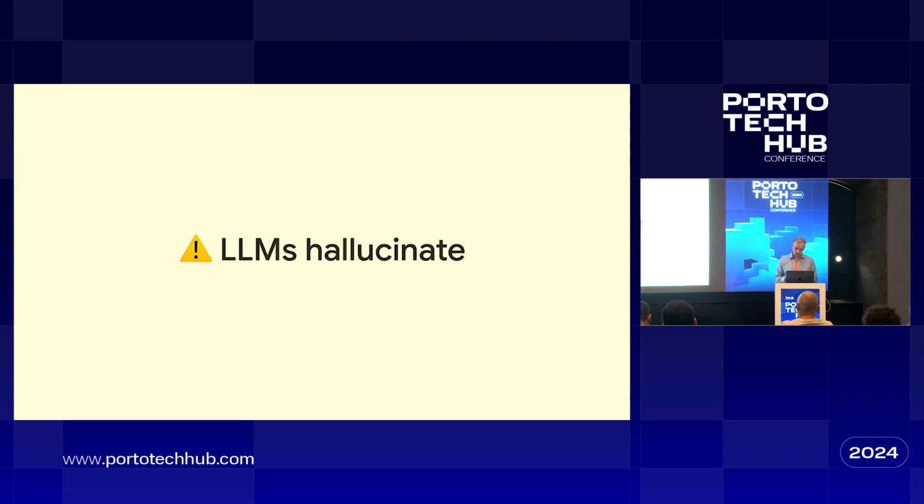You need to check, or you need to do something where you can reduce hallucinations. Hallucinations will never go away, because by their nature, LLMs are nondeterministic. They're going to complete sentences in a way that doesn't make sense, but you can try to reduce it, and we'll look at what you can do here.